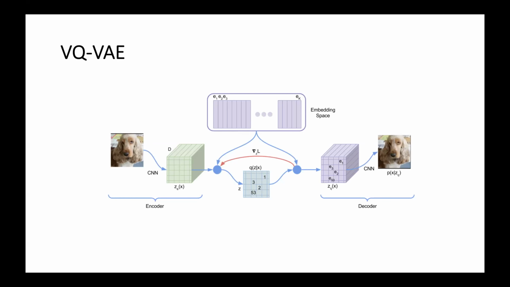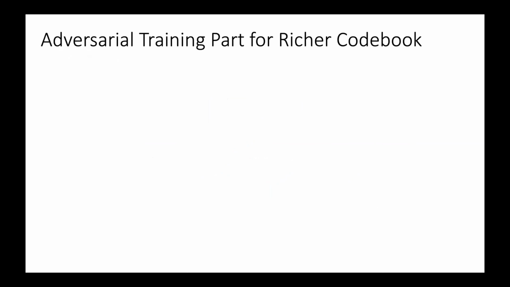Up to this point, it was just the VQVAE paper, and there was nothing more. From this part on, it starts the novelty of this VQ-GAN paper.